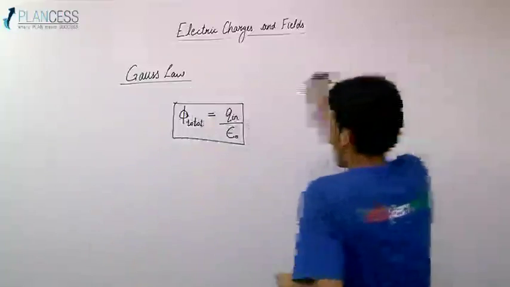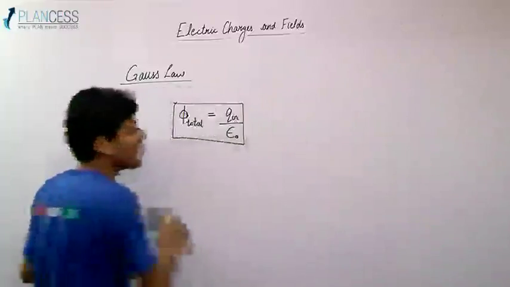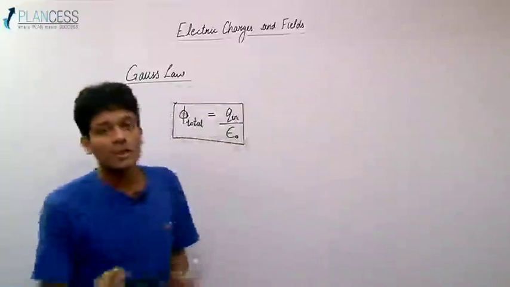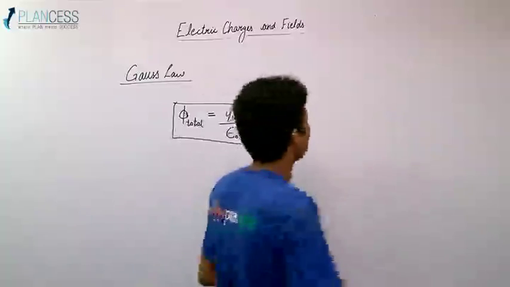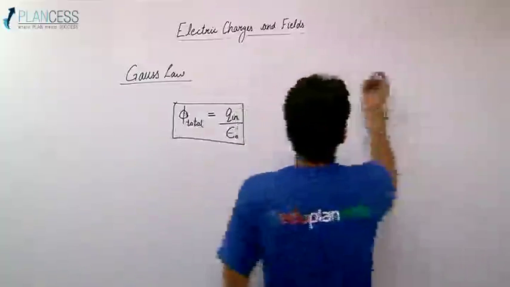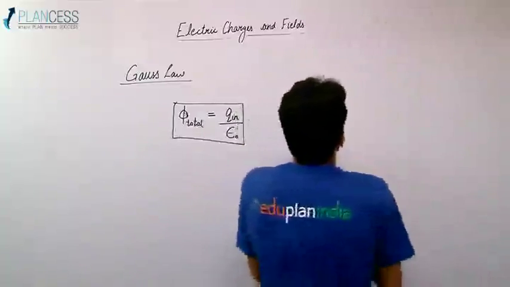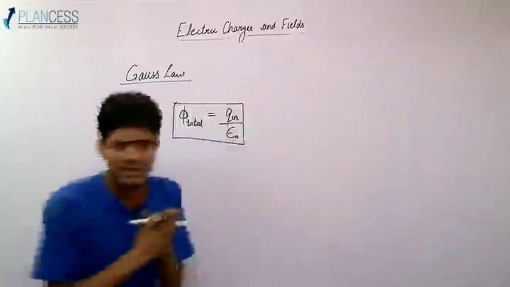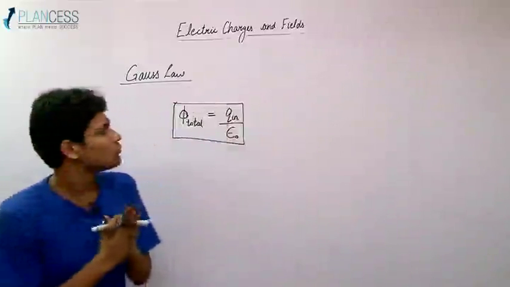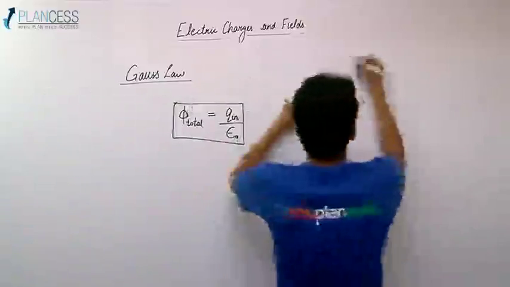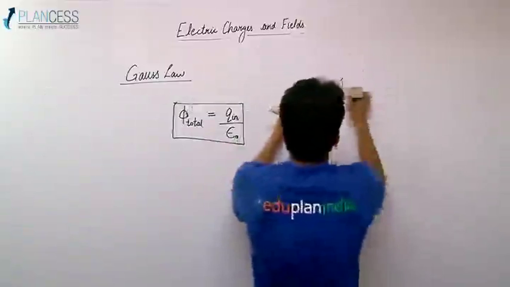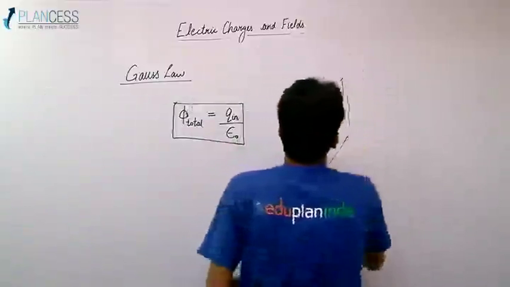Now, let us take more examples so that you will know how Gaussian surfaces are taken. Let us calculate the electric field for an infinitely long sheet. So let us say that this is our infinitely long sheet.